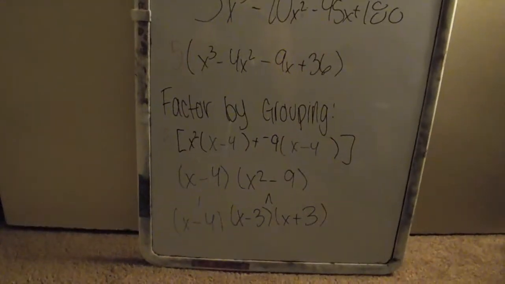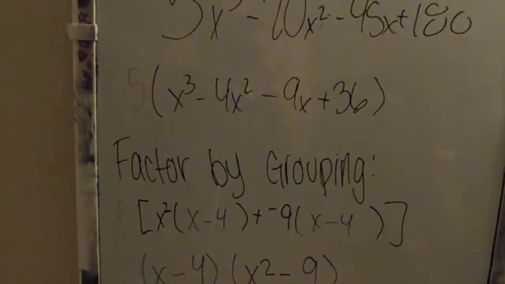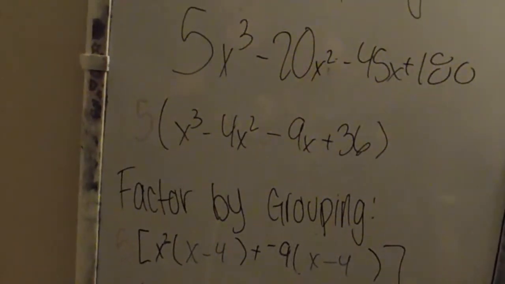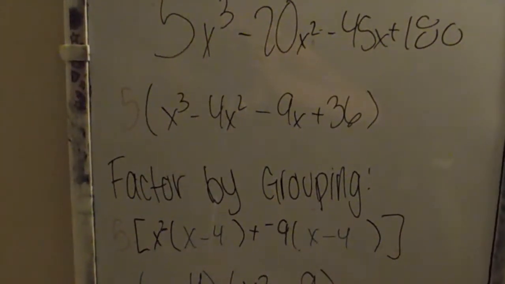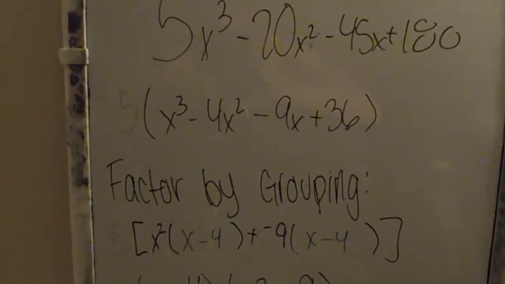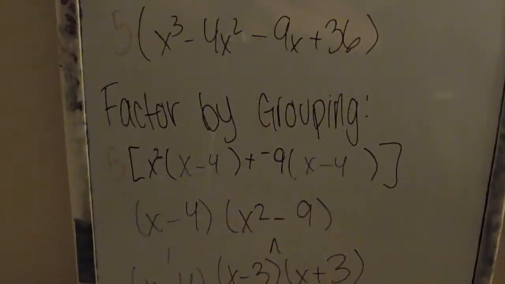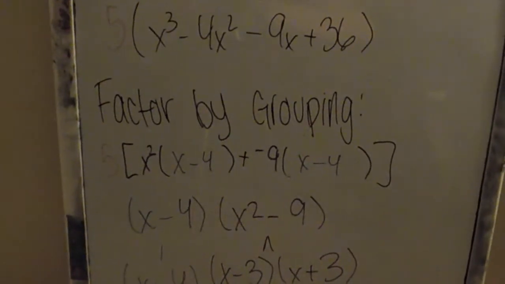You take your two little sections. So here we have x to the third minus 4x squared minus 9x plus 36. You take the first two and group them, and the second two and group them. And then you take out a common variable or constant, which in the first case is x squared, in the second case it's negative 9.